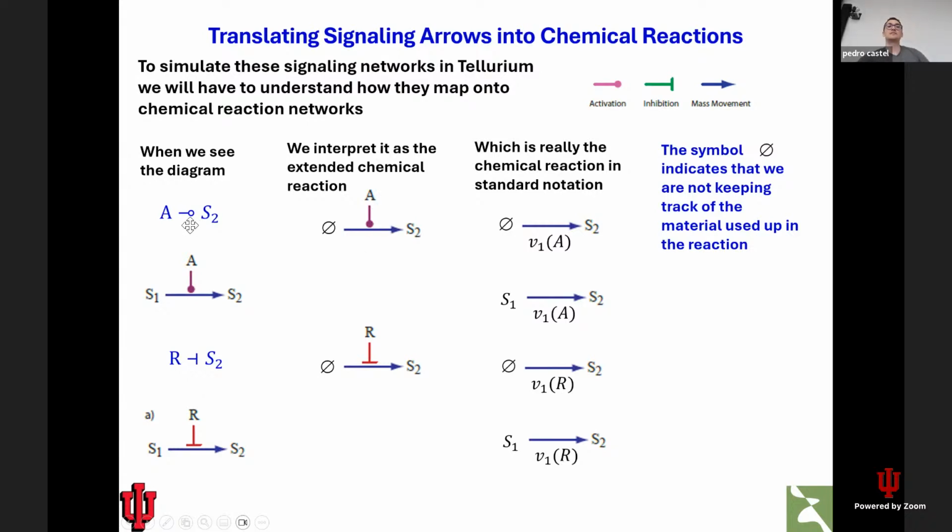So when it doesn't specify what is becoming S2, here we are not caring about mass conservation. S2 is coming out of nowhere, nothing is going to S2, and A is promoting that.